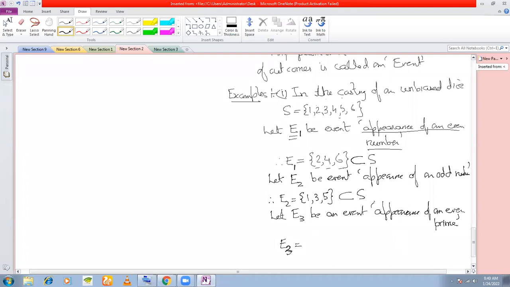And what is the only even prime here? 2. So this is a set which contains only one element. That means 2 was an outcome, and you have an event which contains only a single outcome. So an event can either be a single outcome or a collection of outcomes. We'll discuss this more in detail.